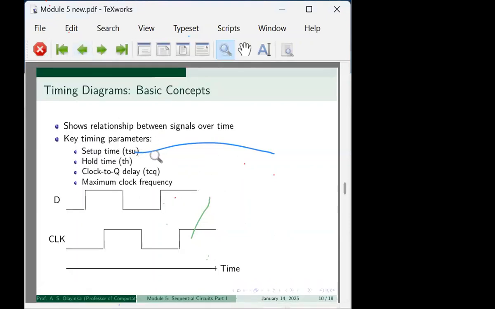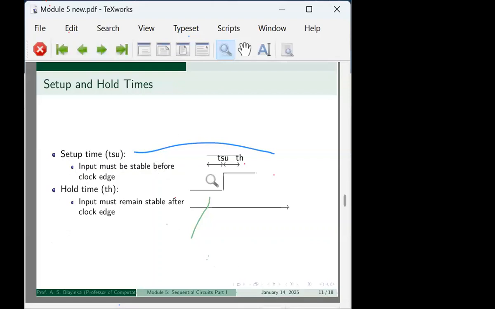TSU is the setup time, and TH is the holding time. If you look at what we have here, towards this side, you have your TSU. The signal is coming here, and at this point in time, it goes up here.